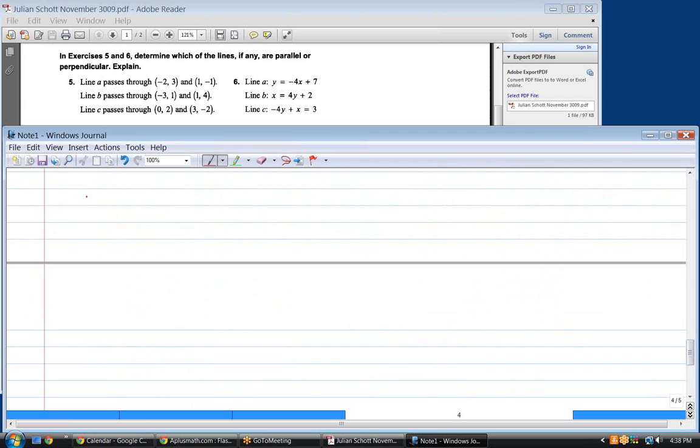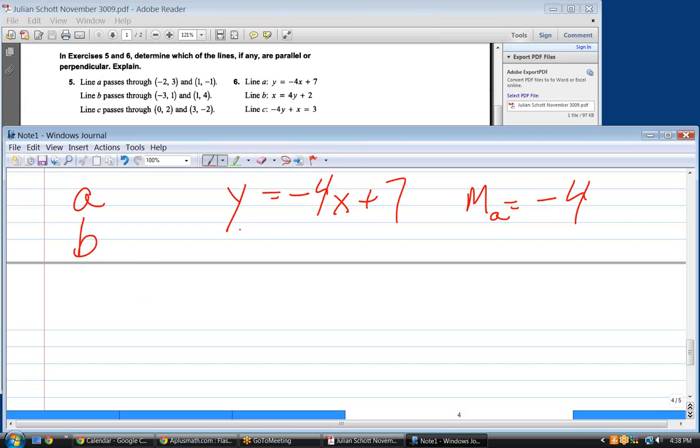Number 6. What's the slope of line A? -4. That was easy. Line B. What's the slope of line B? 4.